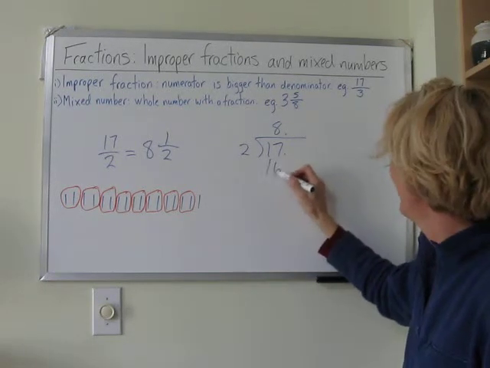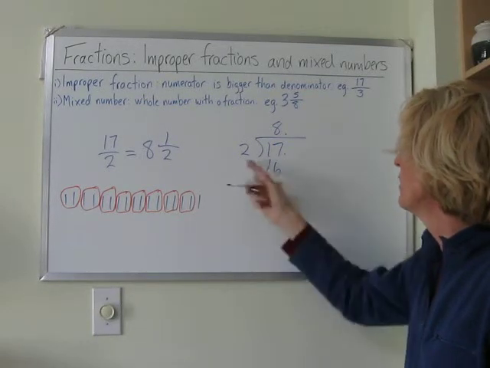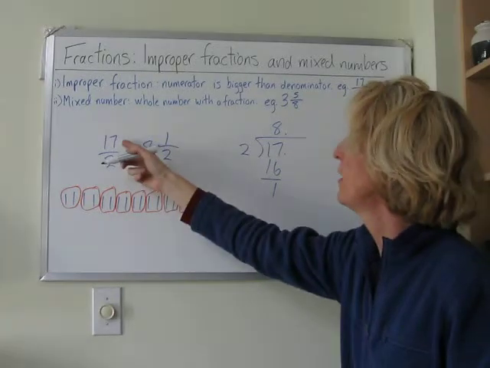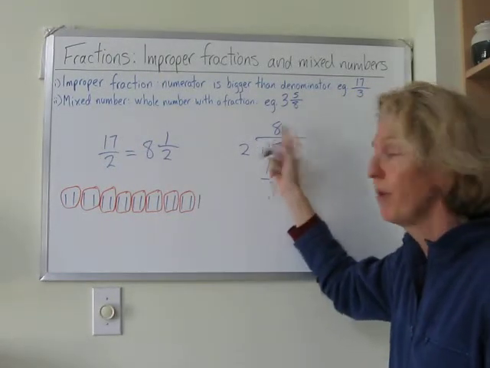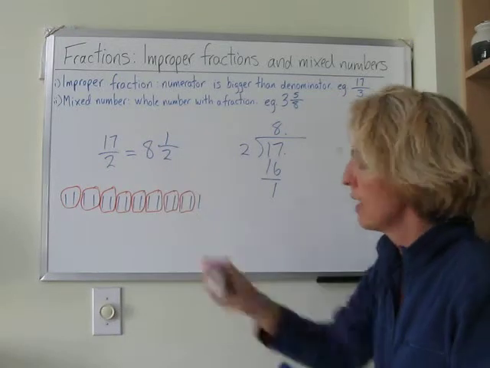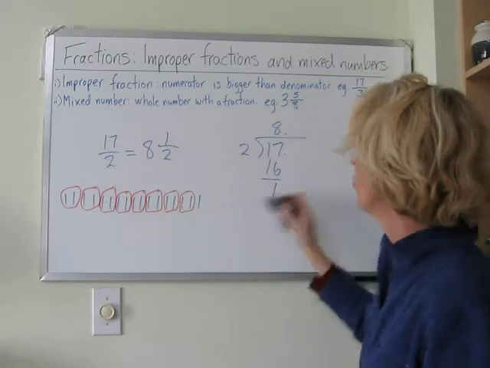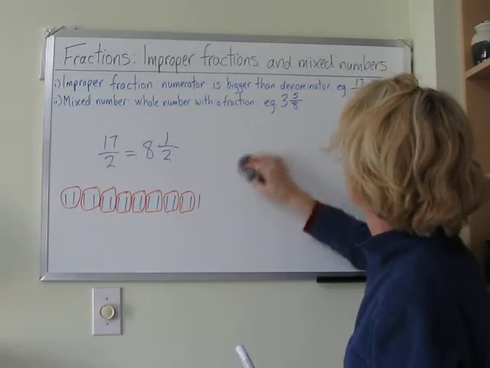Okay, 17 minus 16? 1. So look what we did. We divided 2 into 17, we got our whole number of 8, and we had 1 left over. So you see how going from an improper fraction to a mixed number, we use division.